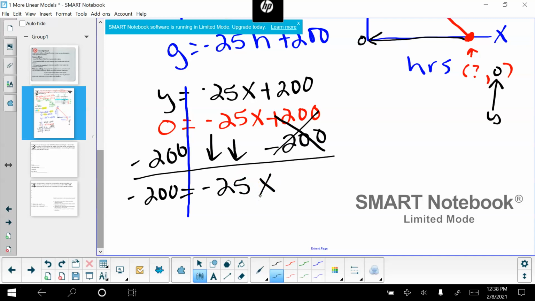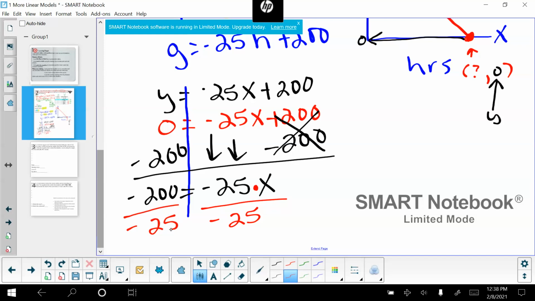And now I have to get rid of the negative 25. And if we notice that there's nothing in between the 25 and the x, that's the same thing as a multiplication dot. So then the opposite of multiplication is division. And when we divide, we're going to divide by the whole number, so the negative 25, the whole thing. And I have to do it to the other side as well.